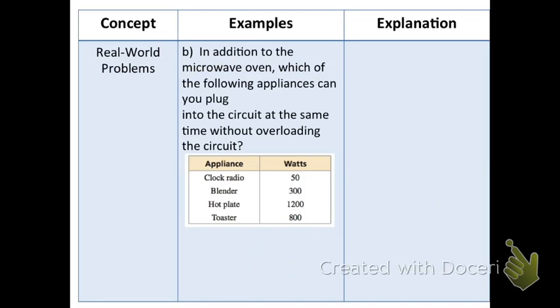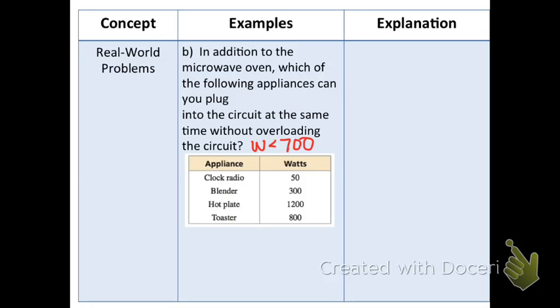Well, remember we said on the previous slide that W must be less than 700. So what I need to look for are the appliances that are less than 700, and we're talking about appliances that are being plugged in at the same time.